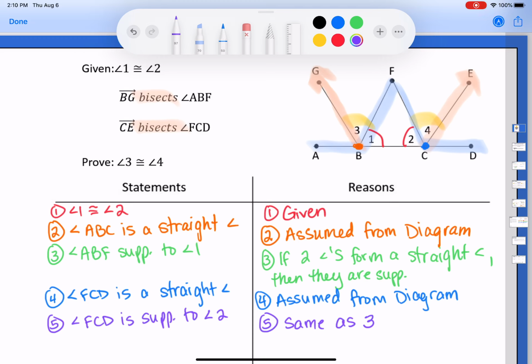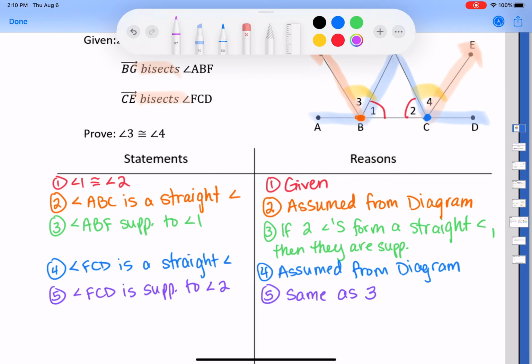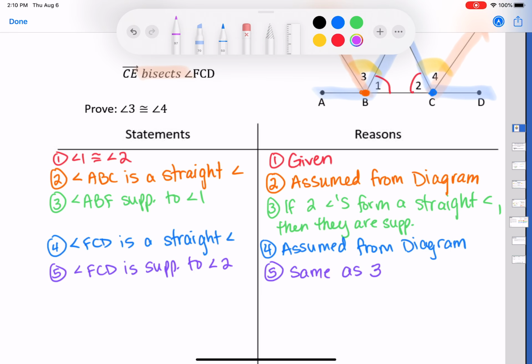I already said that angle 1 was congruent to angle 2, so now I can use that theorem, I should say, that we learned back in 2.4, I believe it was. And that is angle ABF is congruent to angle FCD. And the reason: if 2 angles are supplementary to, now are they supplementary to the same angle?